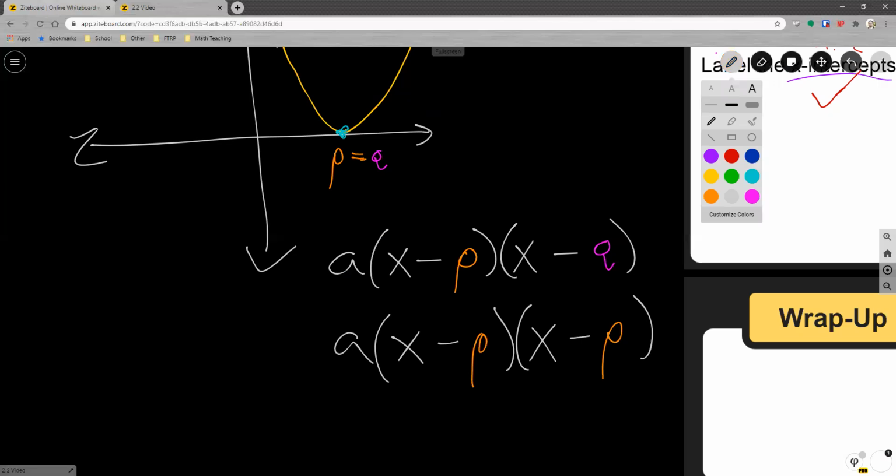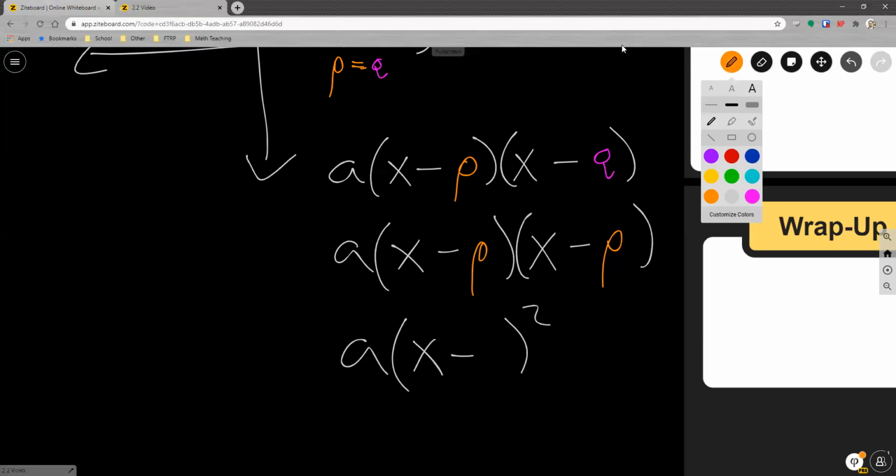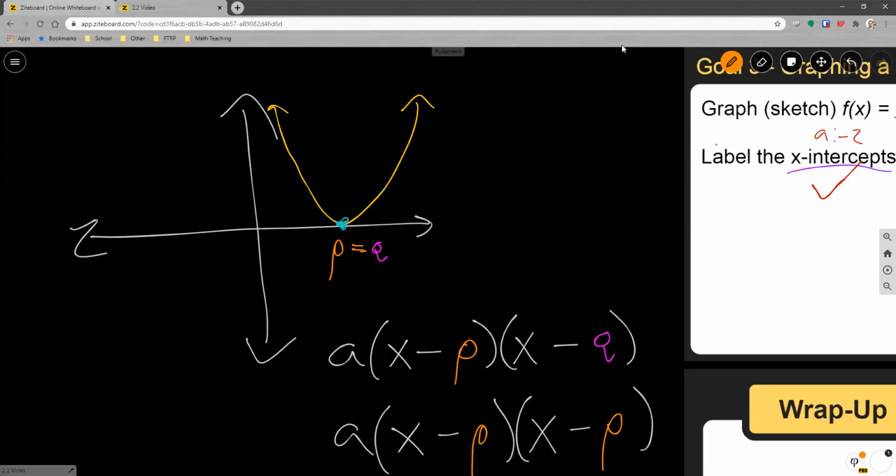Well, I can then simplify this. a times x minus p times x minus p is the same as saying a times x minus p squared. Well, now this is starting to look like vertex form. And sure enough, if I've only got one intercept, that means the x value of that intercept is going to be the same as the x value of the vertex.